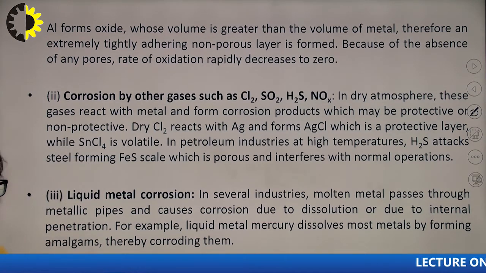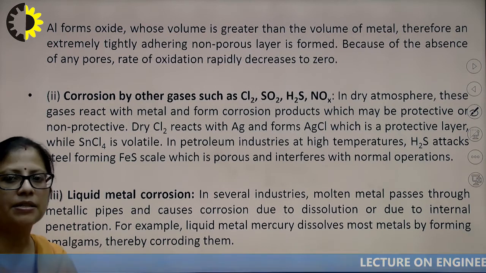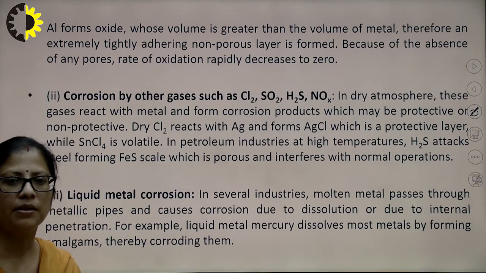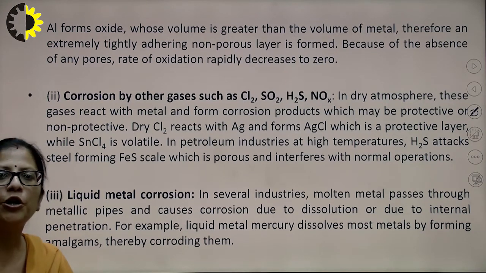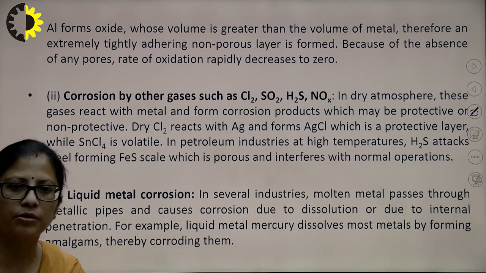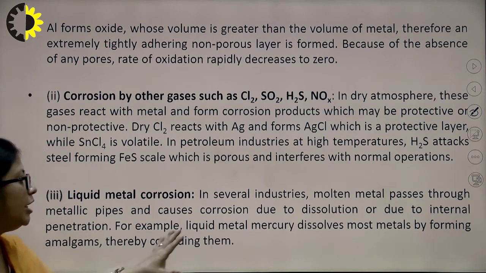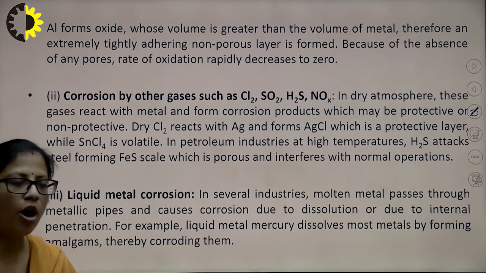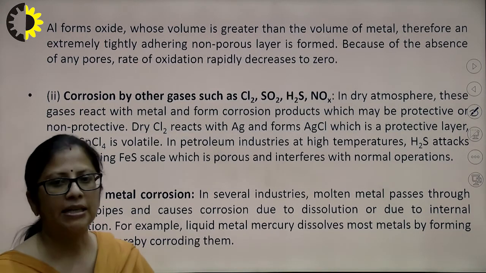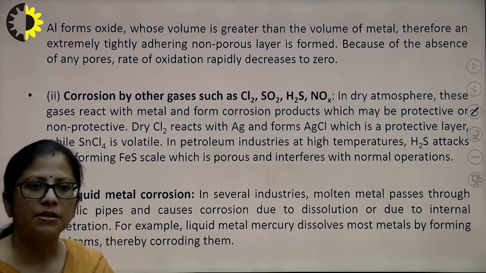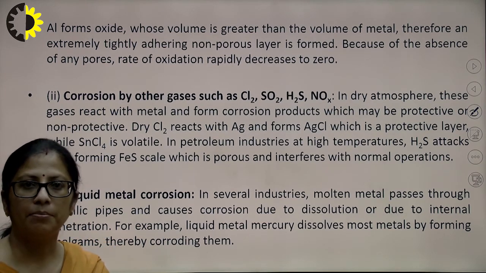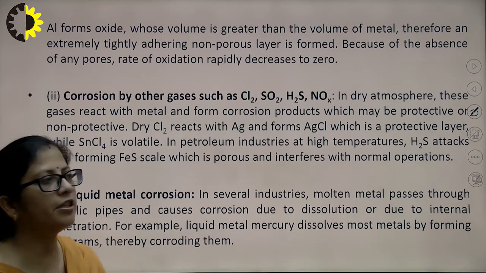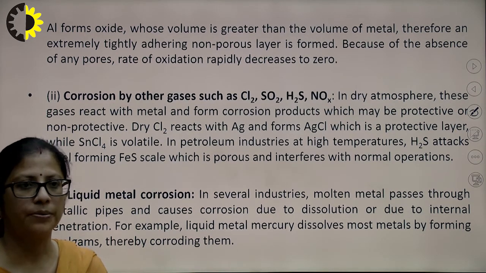In different industries, molten metal passes through metallic pipes and causes corrosion due to dissolution or internal penetration. For example, liquid metal mercury dissolves most metals by forming amalgams and thereby corroding them. So, these are the three different types of dry corrosion.